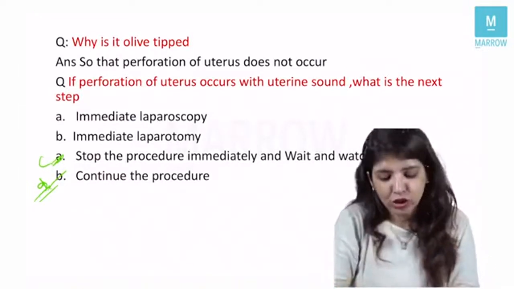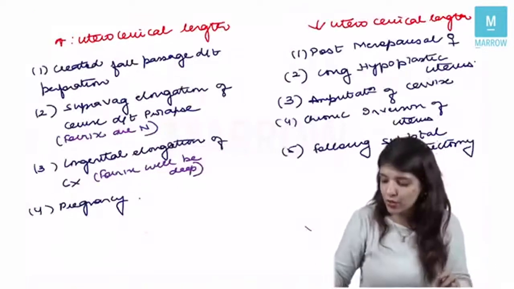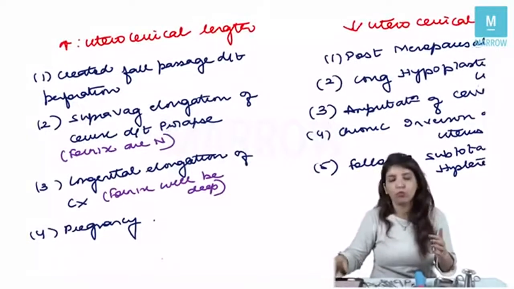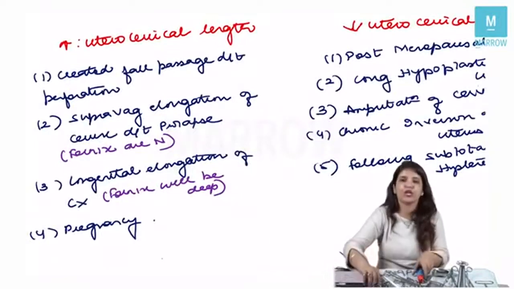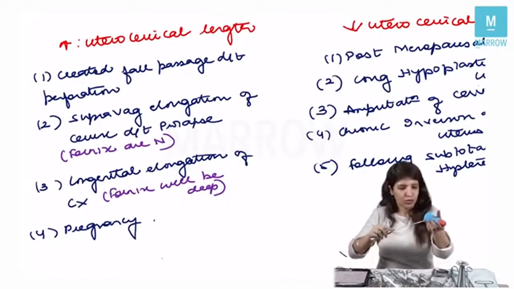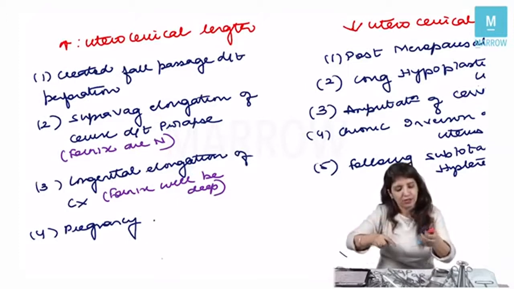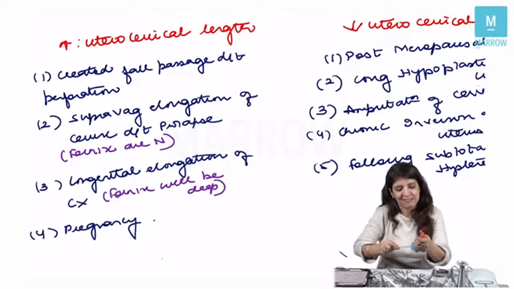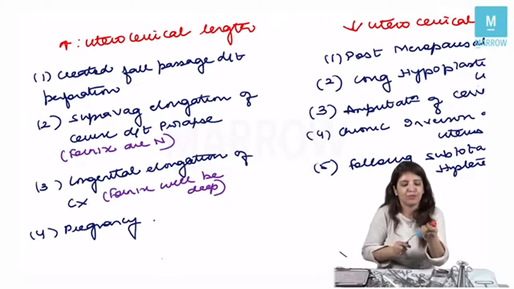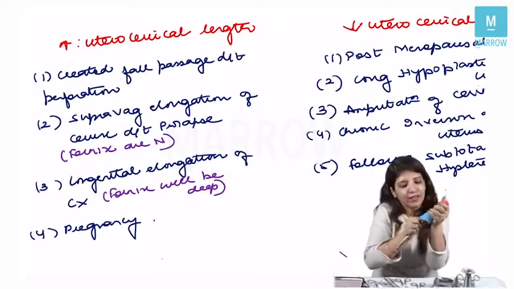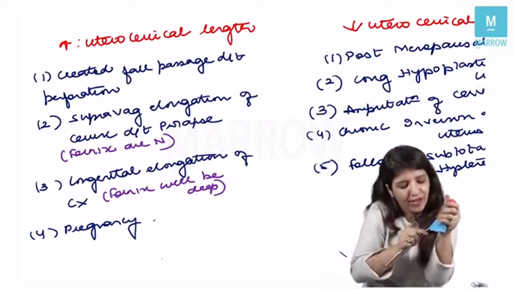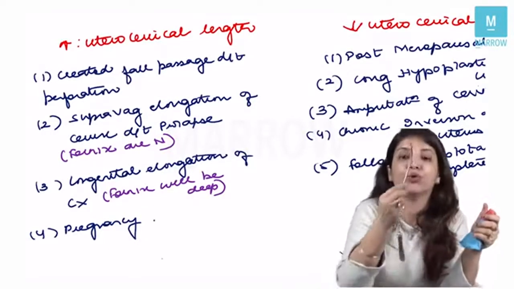Now, the next question which the examiner might ask you is, what are the conditions in which the uterocervical length is increased? Suppose perforation has happened. I am inserting this sound and this sound perforates the uterus. In that case, I'm going to get a very big length of the uterus. I'm going to measure the length and say, oh, this is so big.